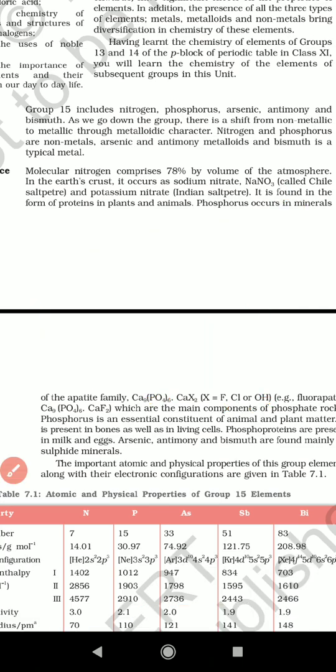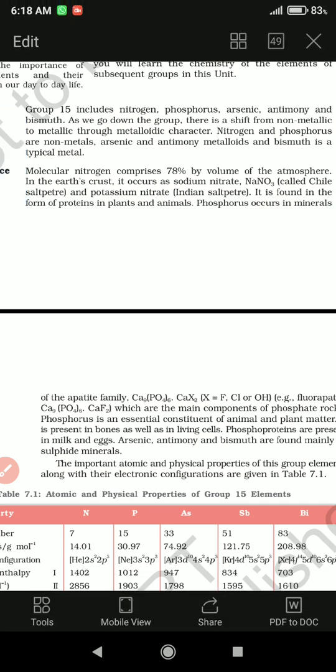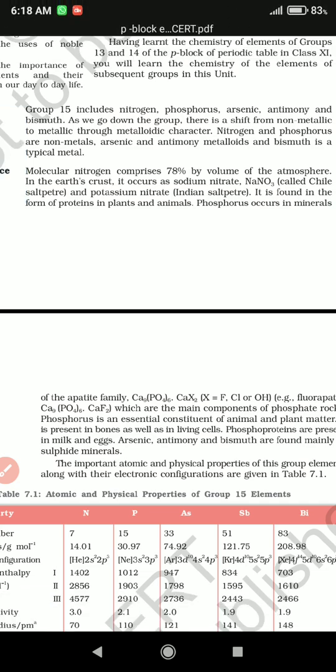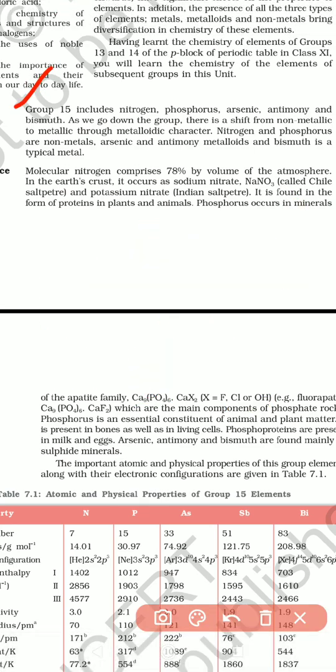In the nitrogen family, what are the metals present? Group 15 includes nitrogen, phosphorus, arsenic, antimony and bismuth. As we go down the group, there is a shift from non-metallic to metallic through metalloidic character.